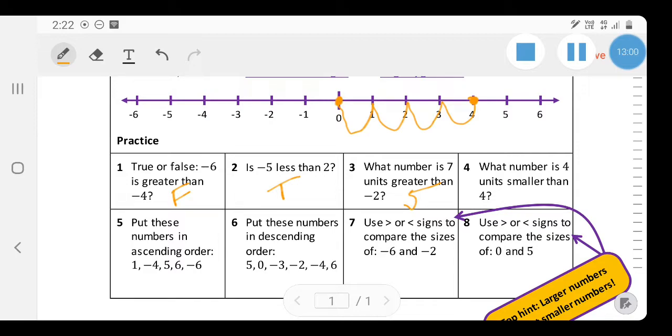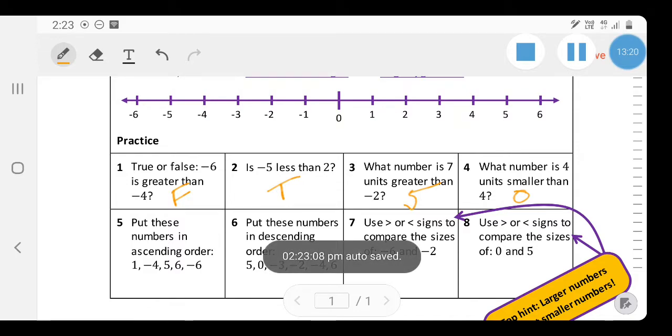Okay. So the answer is 0. 0 is an integer, by the way. A lot of people think 0, because it doesn't usually have a plus or a minus sign in front of it, that it's not an integer, but it is an integer, okay?